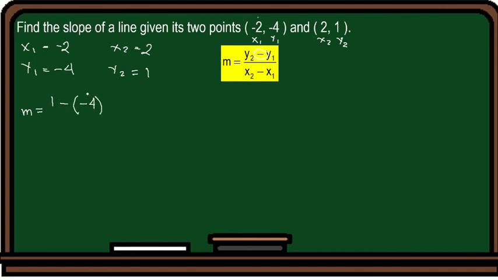If you are encountering a negative number after the operation, make sure to use open and close parentheses to indicate that your number is a negative number. X sub 2, which is 2, minus x sub 1, which is -2.